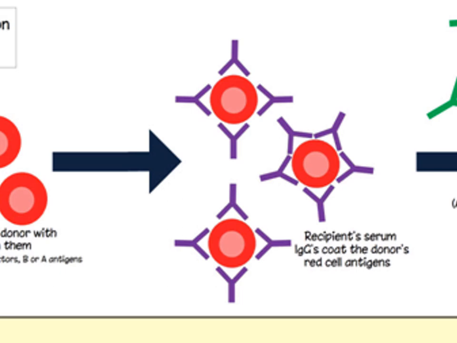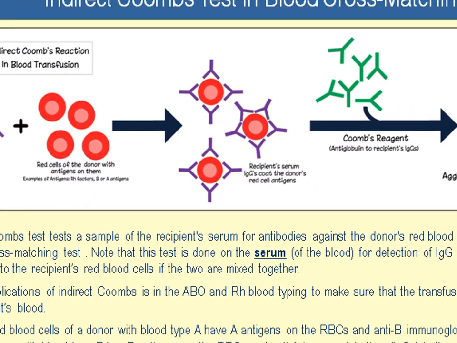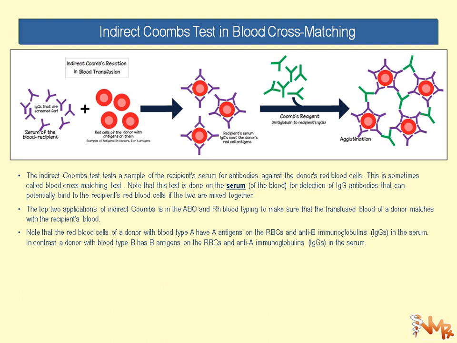The top two applications of indirect Coombs in clinical settings are for ABO and Rh blood typing, to make sure that the transfused blood of a donor matches the recipient's blood. Note that the red blood cells of a donor with blood type A have A antigens on the red blood cells and anti-B immunoglobulins in the serum.